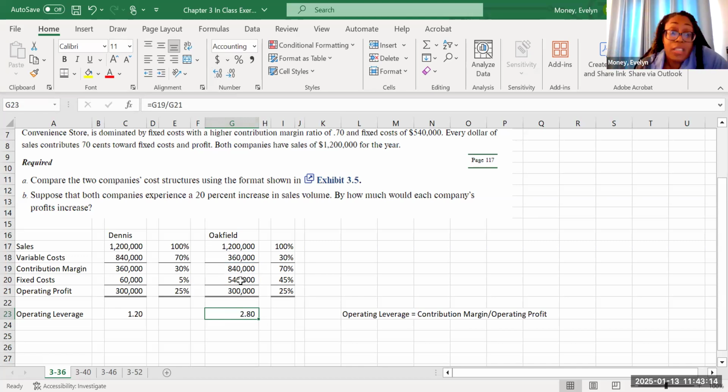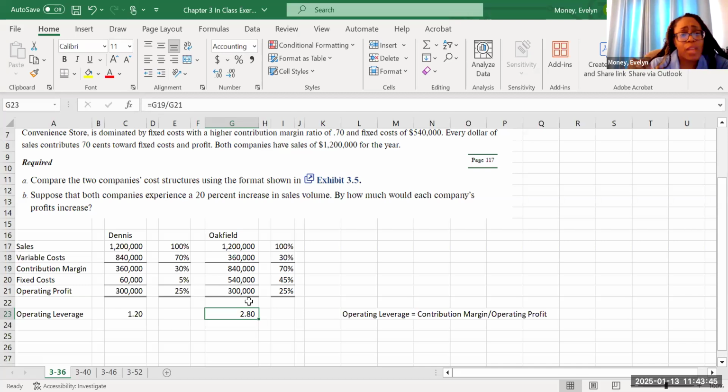or even to any type of change in sales. And we know that companies with a lot of fixed costs are more sensitive to increases and decreases in sales. You probably heard the example, if you looked at the lecture video, of utility companies. If demand happens to increase, they have a huge profit to show as a result of that because they have a lot of fixed costs and looking at all of their infrastructure costs.